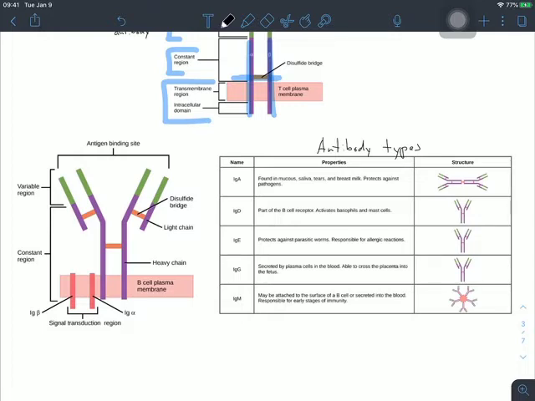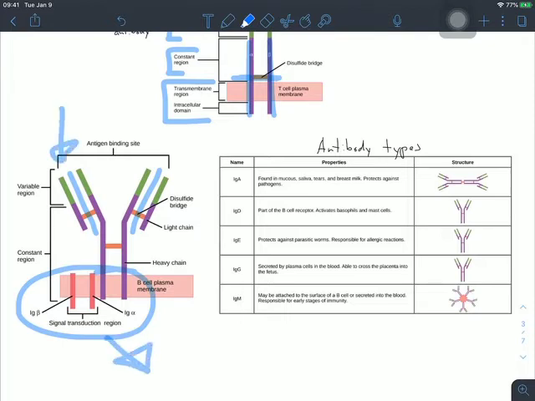And they have these double branching regions that have different variable regions on the end. And of course, the antibody itself is always associated with some sort of signal transduction region, meaning that if I bind here, I cause a downstream effect inside the cell to begin blowing things up.